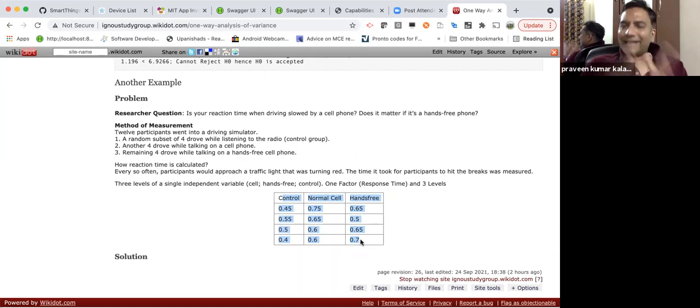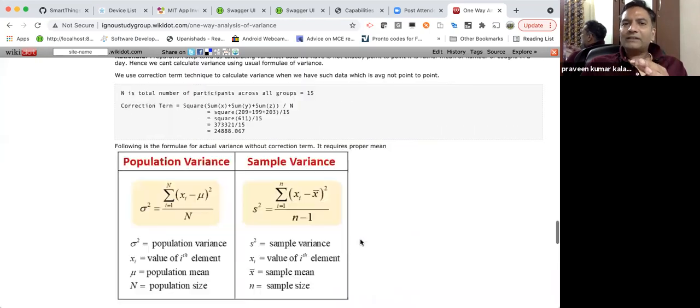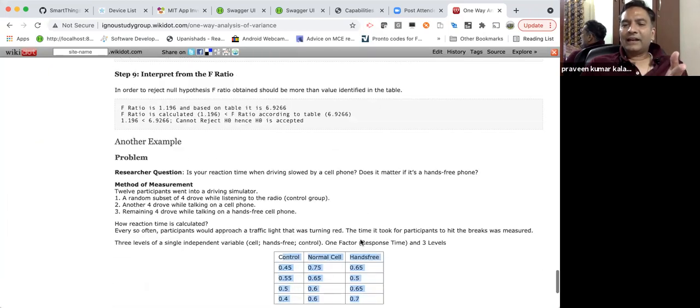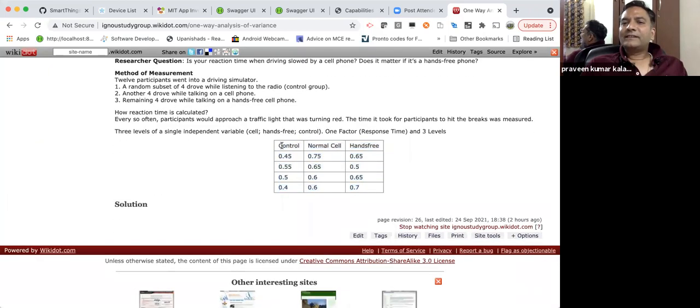So you can use the same technique, same formulas. First of all, you will have to identify the variables and how to measure them, right? In this particular case, you are checking whether the cell phone really affects the driving or not.